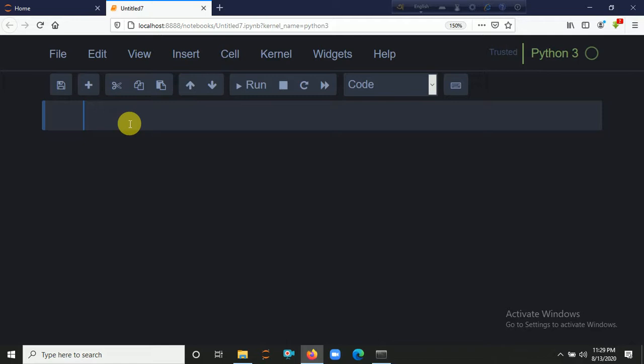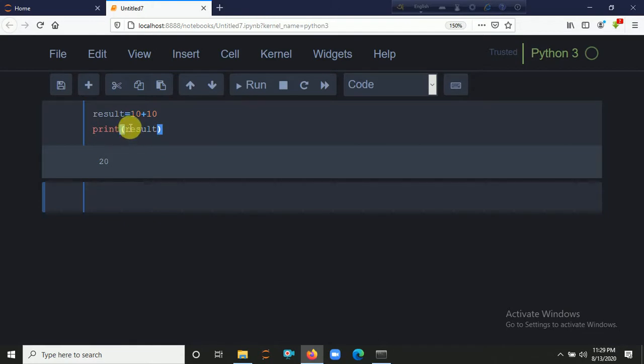So let's take some real-time examples here. Result equals, let's say, you're trying to add 10 plus 10 and also print it here. So you can see 20. So 10 plus 10 equals 20, which is called addition.